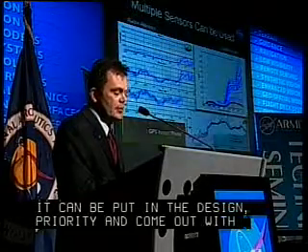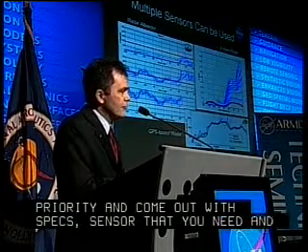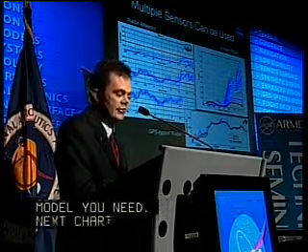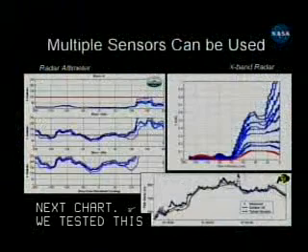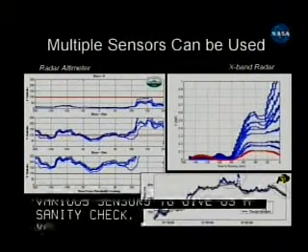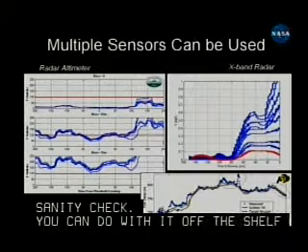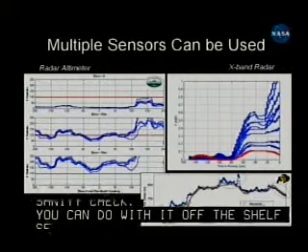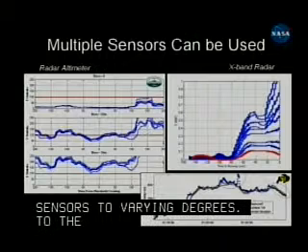Okay, next chart. We tested this approach using various sensors to give us a sanity check, and it turns out you can do it with off-the-shelf sensors to varying degrees. The one on the left is a radar altimeter approach. The radar altimeter is available on many airplanes, and it makes a measurement looking down of where the ground is, your height above the ground.